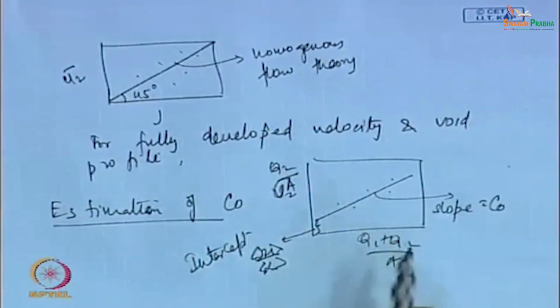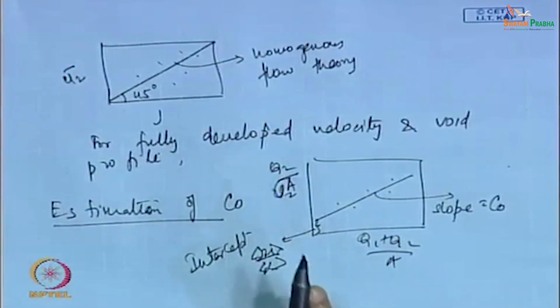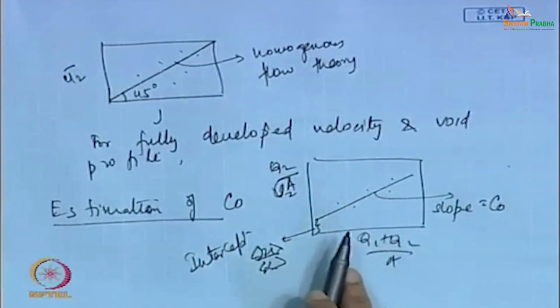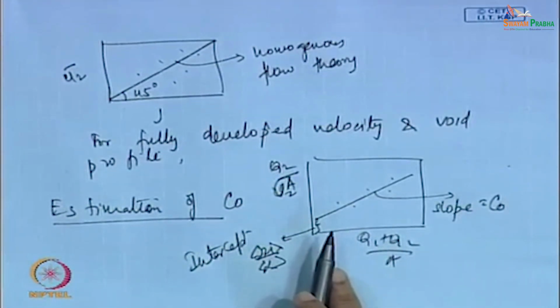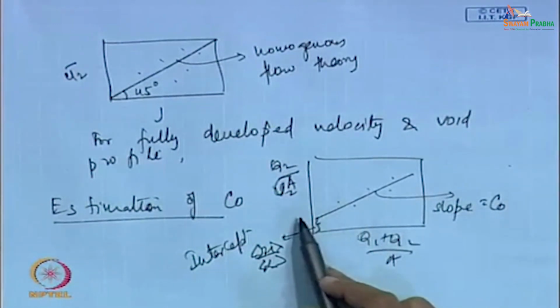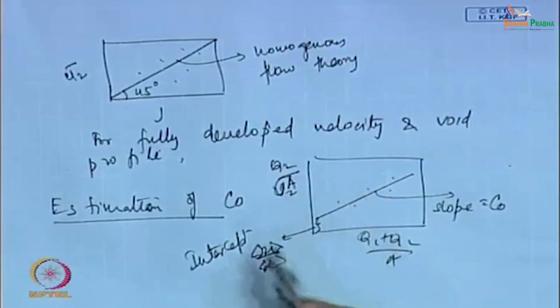So, very simply, for fully developed velocity and voidage profiles, please remember this, when we do such a plot, the best fit curve is a straight line. Okay? When the local drift velocity is constant or it is negligibly small.